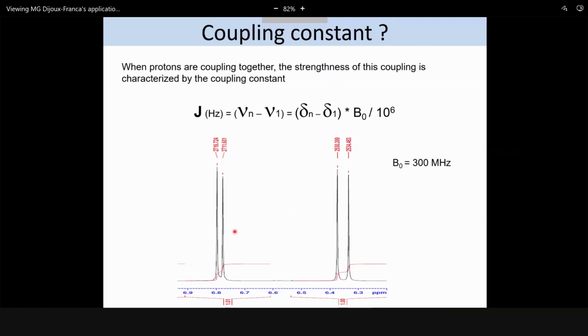So that means that the proton that couples with this proton might be a little bit farther away than for this proton, because the value is bigger. So we'll do some exercises and you will understand, I hope.